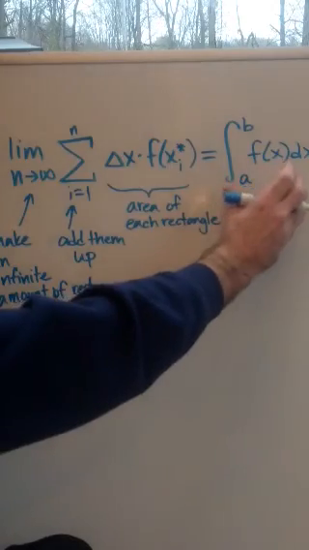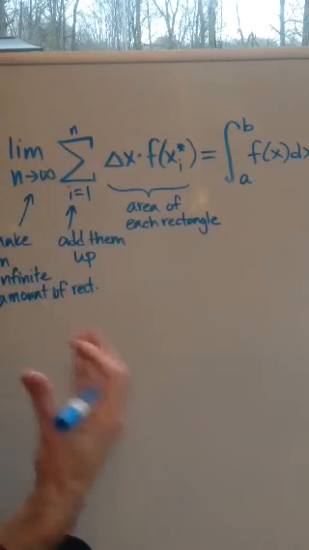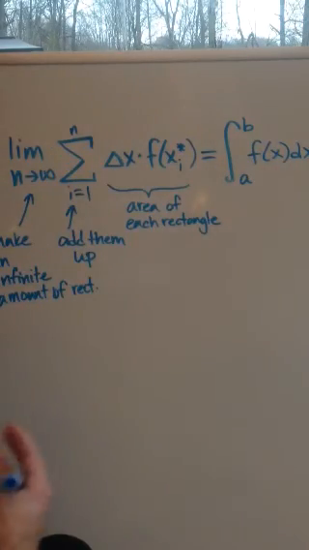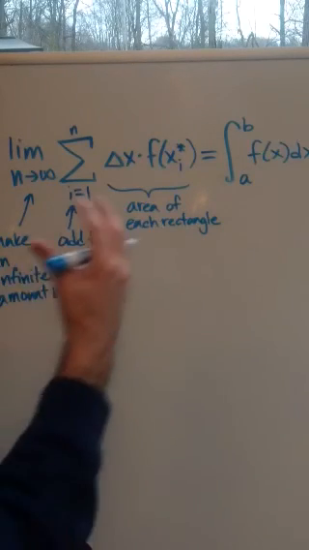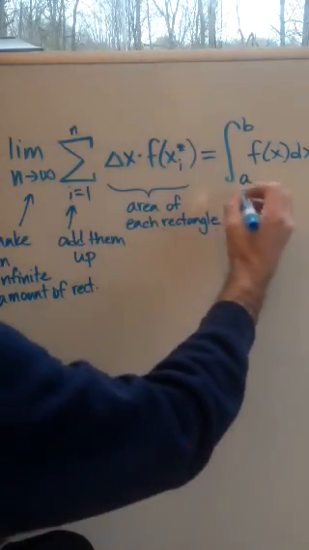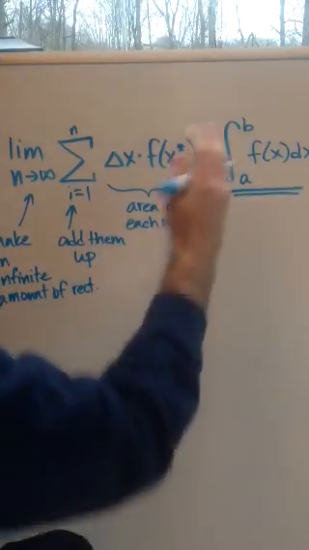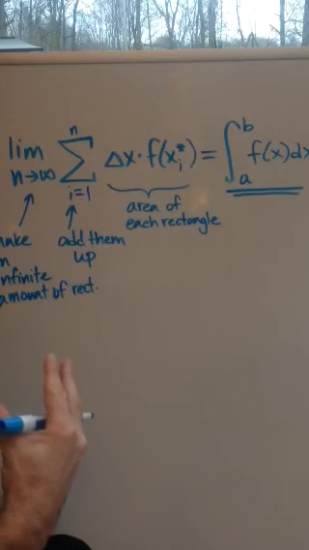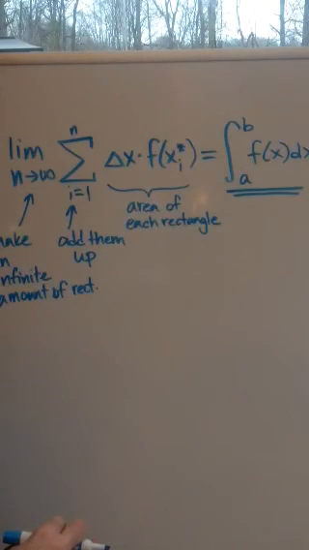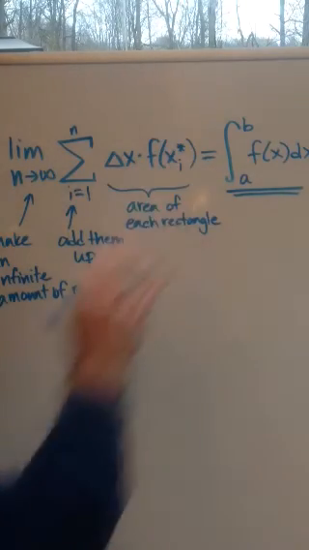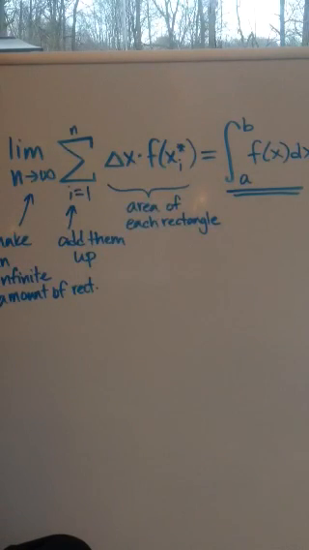So this integral is the limit of the areas as we get an infinite amount of rectangles. This is the theory behind it, and what we're attaching right now is this symbol to a physical quantity. We're using it to represent an area. In a second here, I'm going to show you how to figure out that integral and some strategies, some rules for doing that. But this is the background theory on why this is working.